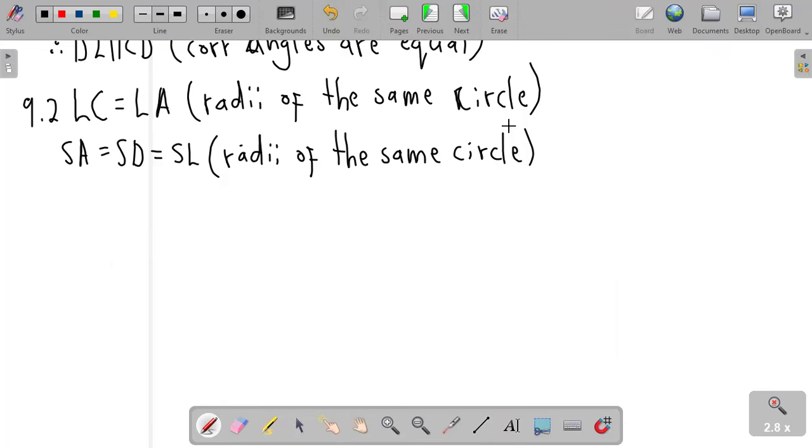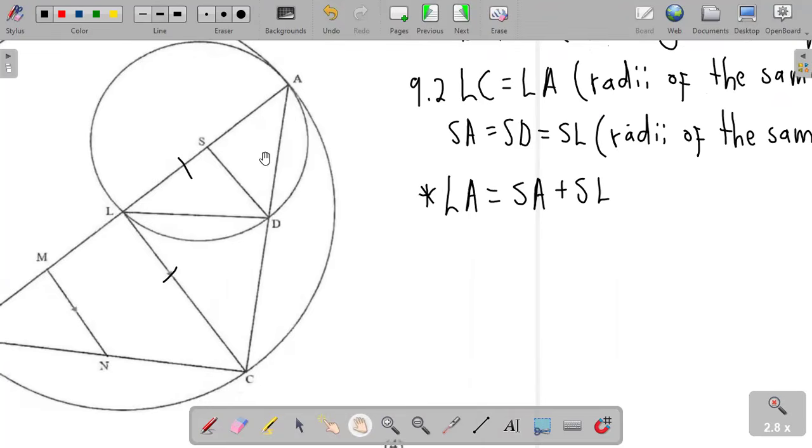And then we also know that LA equals SA plus SL, because LA is made up of SL and SA.